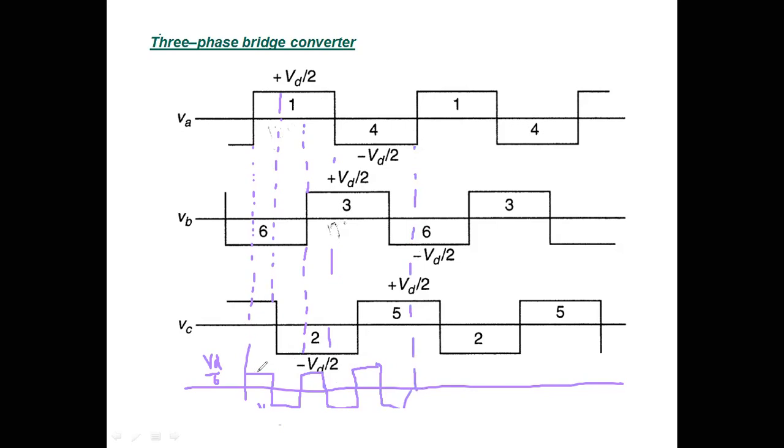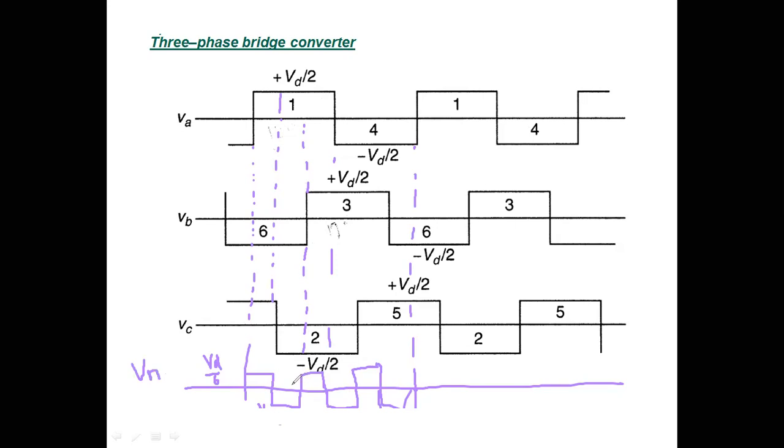You can see that this frequency is 3 times. Please remember that this frequency of the neutral is 3 times the frequency of these VA, VB, VC, or VAB, VBC, VCA. This neutral point is having third order harmonics.